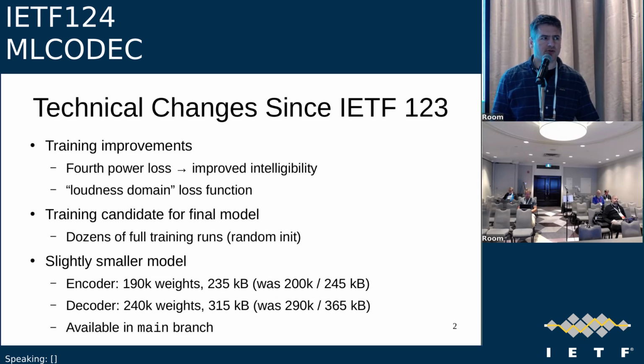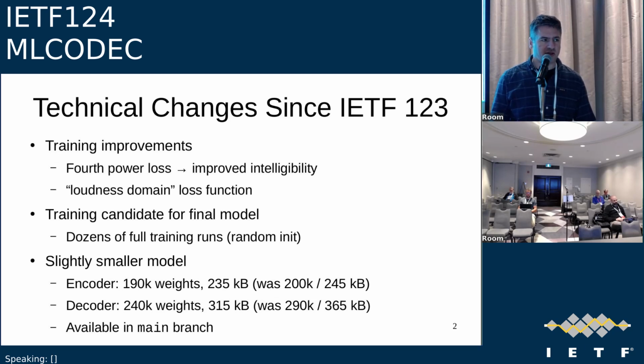Also, the loss function operates in the so-called loudness domain, which is the square root of the magnitude of the spectrum, which is less sensitive than log to very small values close to 0. With that, Greg and I have been doing dozens of full training runs with different random initializations. We each took the best model we were able to get, and we had the folks at Cisco test them for quality and intelligibility, which is going to be the next presentation.